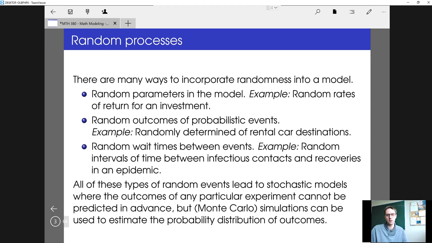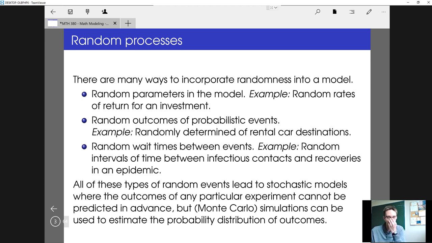Other types of ways we can incorporate this is you may, instead of trying to say exactly what's going to happen, you may try to describe the probability distribution for different outcomes. So in a minute, we're going to look at that rental car model where we had vehicles in Orlando and Tampa, and we'll show how with just a little bit of modification about the way we think of it, we can use it to say not just, well, how many cars are going to be in each place, but what is the probability or the expected number of cars that we're going to have in each place, or what's the probability that a given car is going to be in Tampa or Orlando at a given point in time.